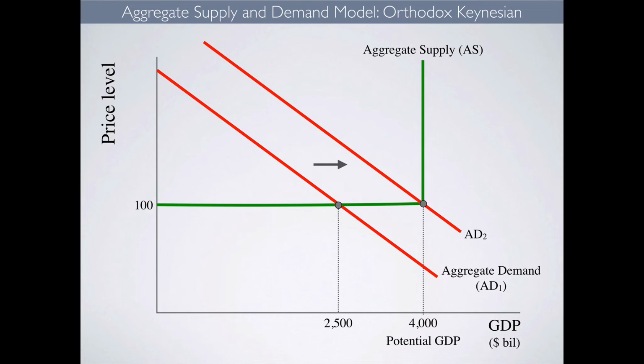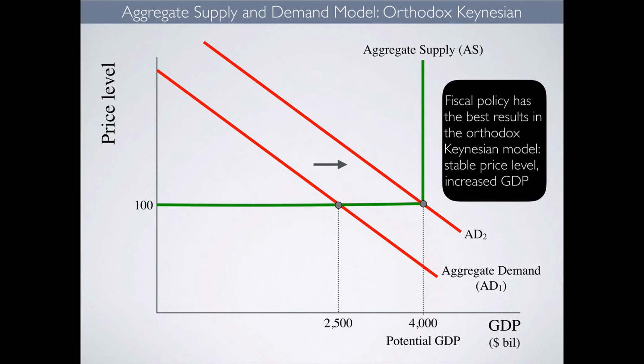So the bottom line is that fiscal policy has the best results in the orthodox Keynesian model. We have a stable price level; we're moving along a horizontal line, so no change in the price level. But we do get an increase in GDP, from 2,500 to 4,000. That would be considered the ideal result of expansionary fiscal policy.